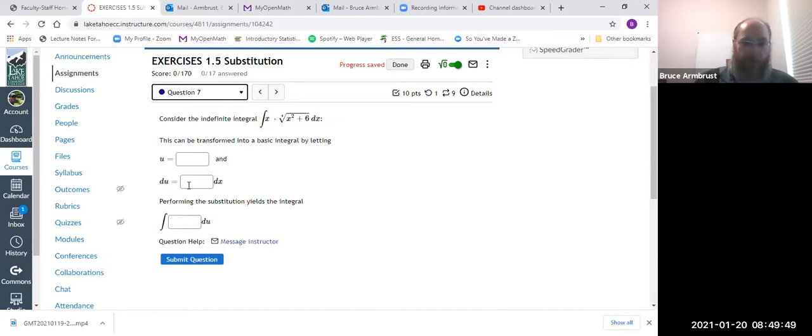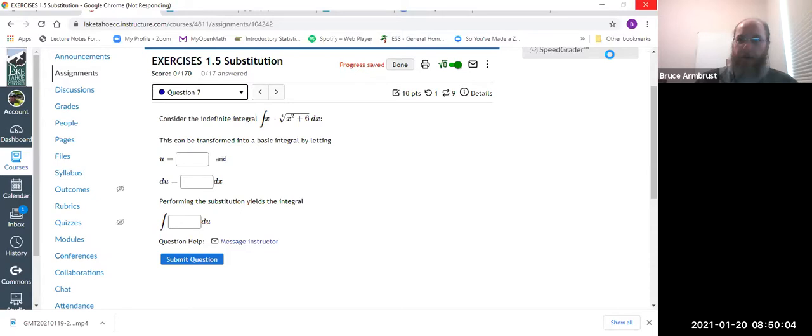Except my computer is not letting me actually click in there. Oh, don't do this to me, computer. Oh, yay. Google Chrome is not responding. Okay, well, let's at least talk this through.